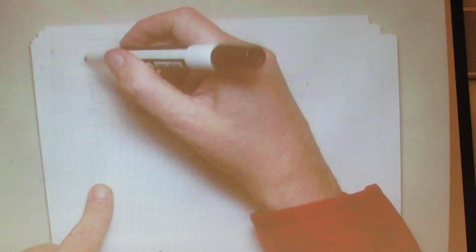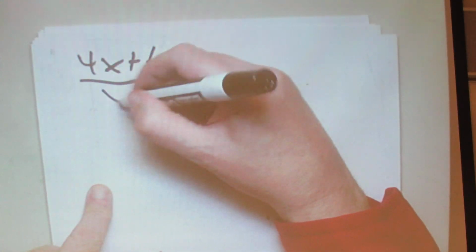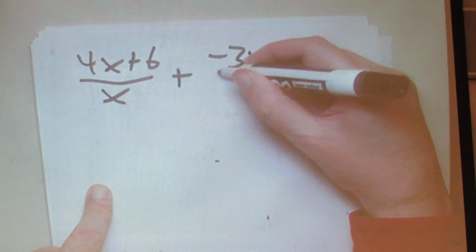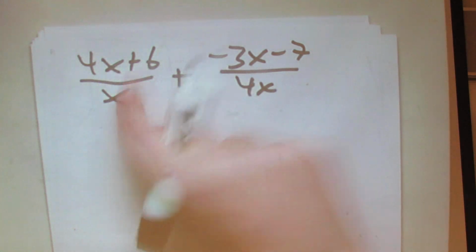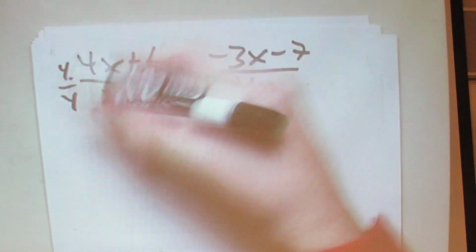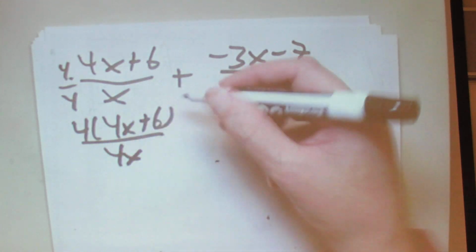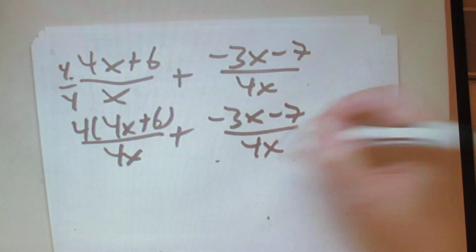Next, we're going to add and subtract rational expressions. First, we're going to have (4x plus 6) over x plus negative (3x minus 7) over 4x. So our common denominator here is 4x. We already have it here. We just need to multiply this one by 4 over 4. So we're going to have 4 times (4x plus 6) over 4x plus negative (3x minus 7) over 4x.